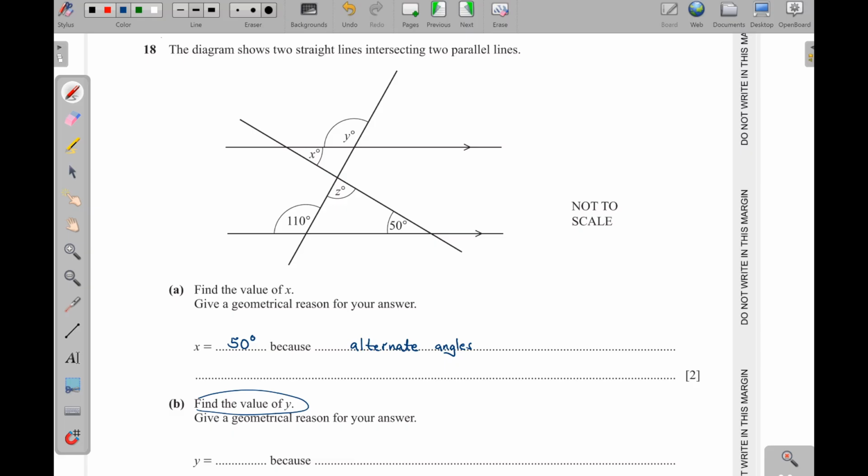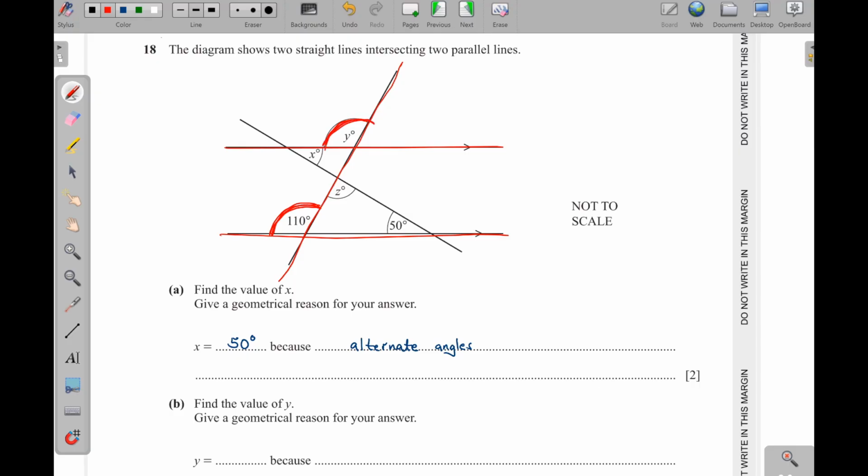Then part B, find the value of y. We are also supposed to give the reason. Where is y? Y is here. So if y is here, is there an angle? Look at this line here. Look at this one here. There is a transversal line here. Then look at this angle here. You see that?